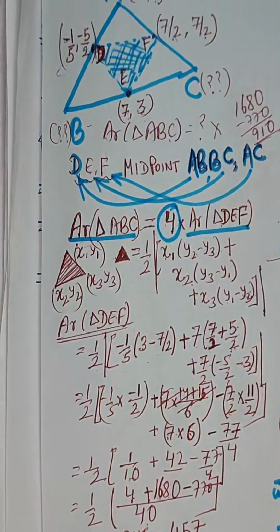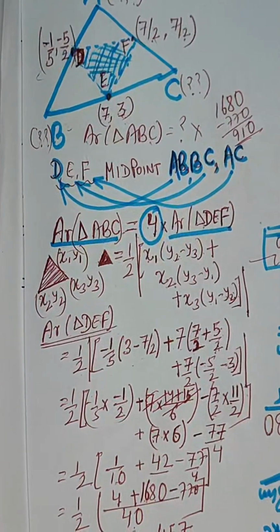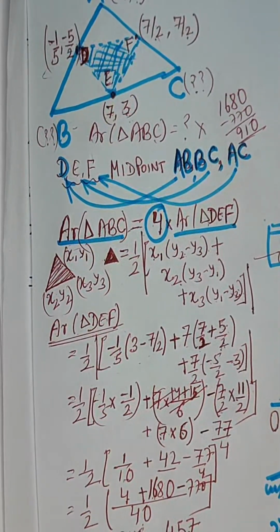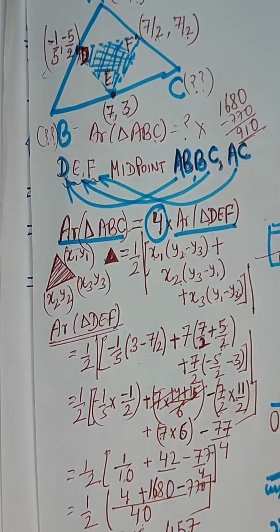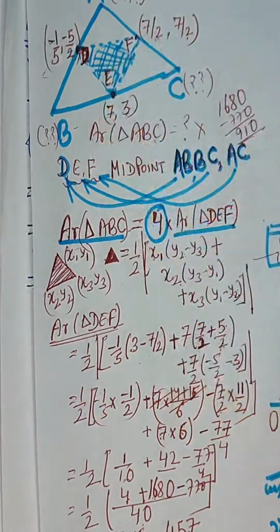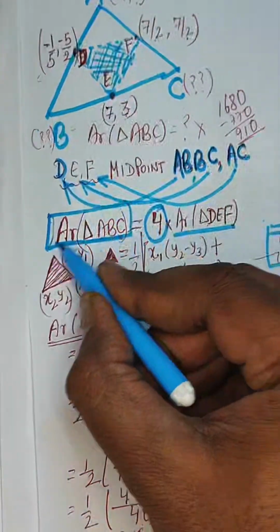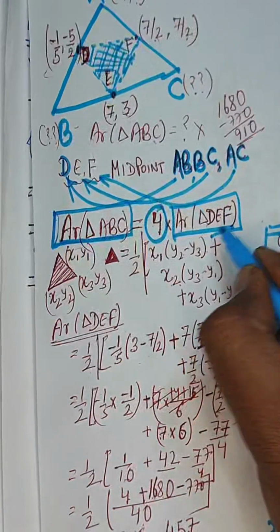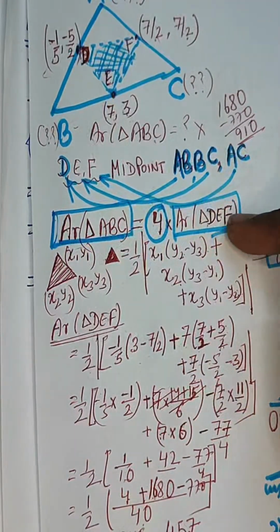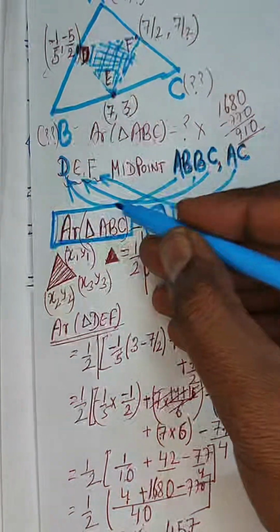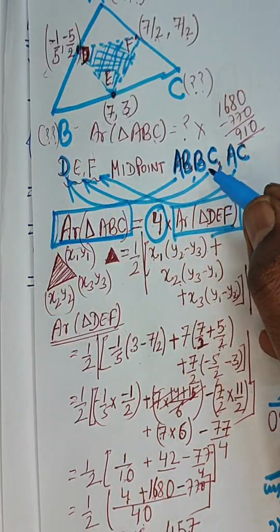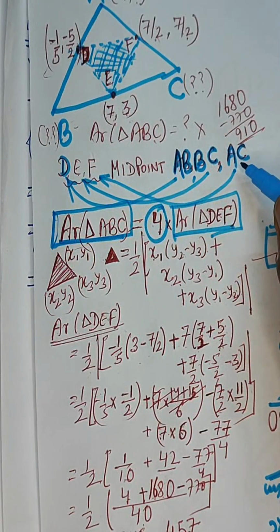And in this way, we can solve this question also. You can just refer the shorts also for the details. So with this, we have seen how to solve such questions, my dear friends. The main thing which we applied over here is area of triangle ABC is equal to 4 times area of triangle DEF, where D, E, F are the midpoints of AB, BC and AC respectively.